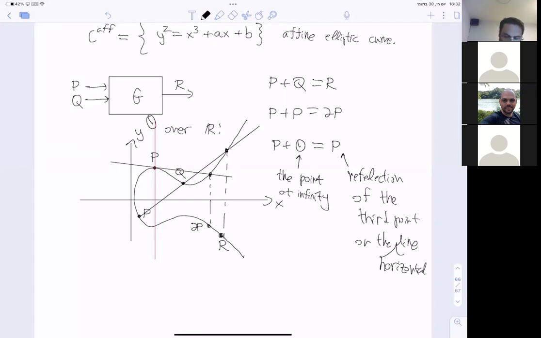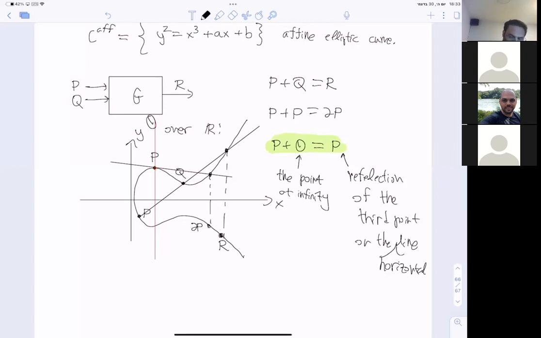So this is why we take the reflection in order to have this. So P plus O, we take the horizontal line. We should have arrived at this intersection, but we take the reflection, which is again P.